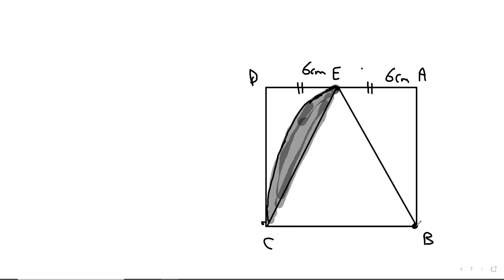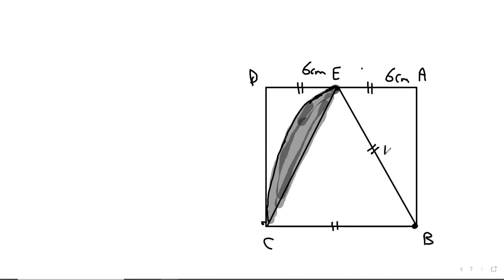Because the center of the circle is B, EB is equal to BC. Both of them are radii in the circle. Find the area of the shaded part. The shaded part is a circular segment, so we need to find the size of this angle here.